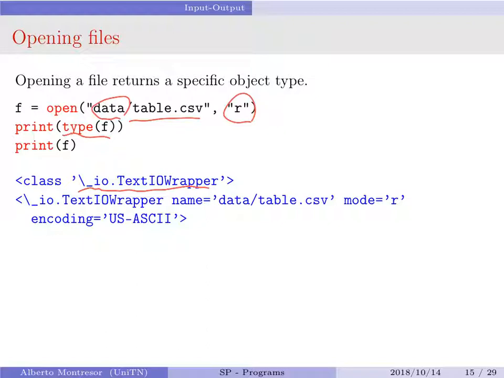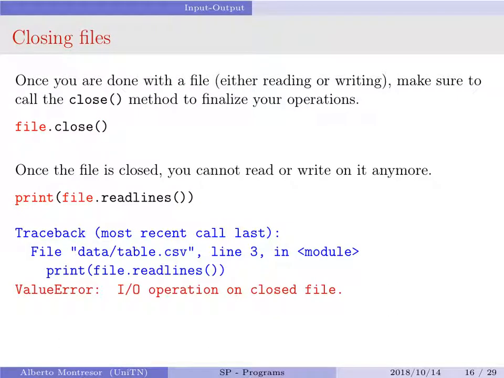And if you print it, you also get additional information, including the mode in which you opened it. You also have information about the encoding, because different files may have different encodings, but I'm not going through this now. It's something better explored in the labs.